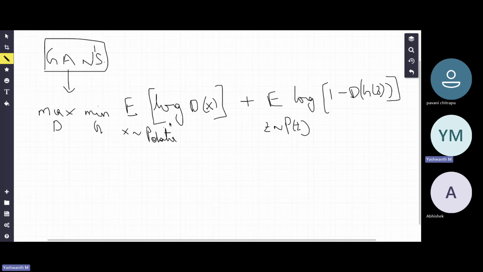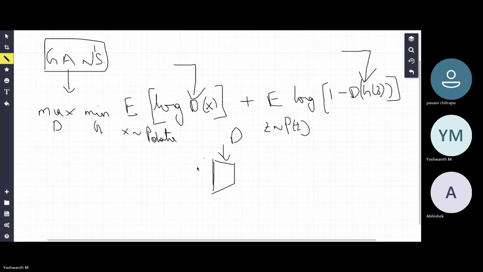Okay, so in GANs, there are two networks that one is supposed to learn. One is called the discriminator network, and the other is the generator network. So this is the discriminator.